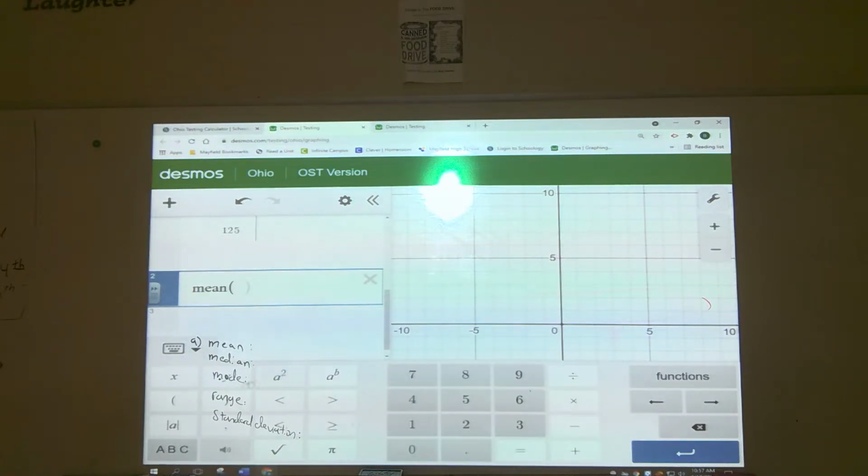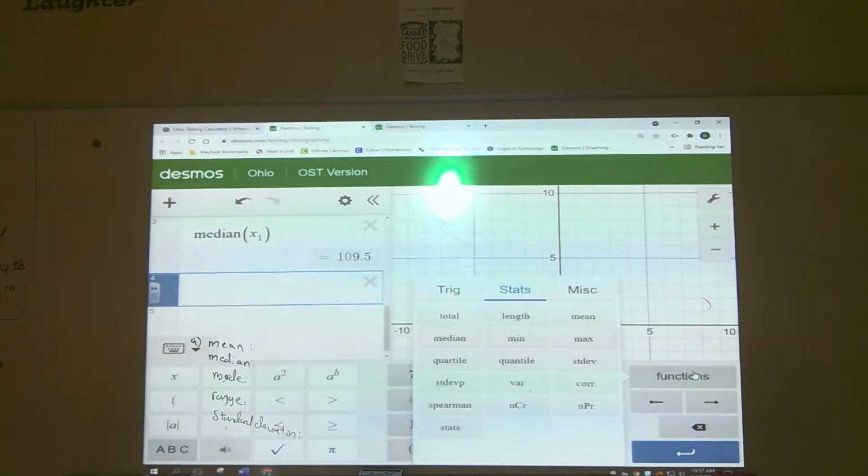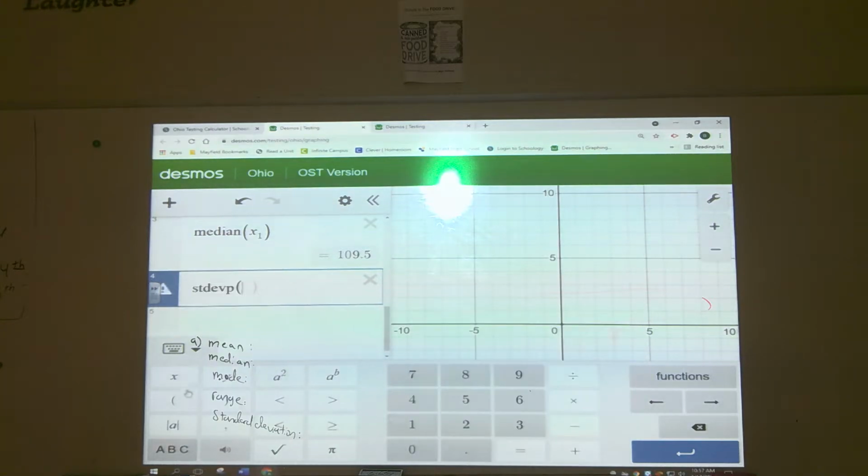The mean of x1, the median of x1. We are going to have to find the range and the mode ourselves. But I can go right here and also put in the standard deviation for x1 right now.